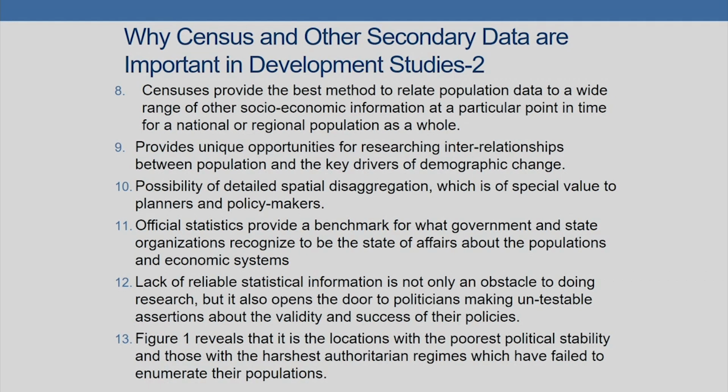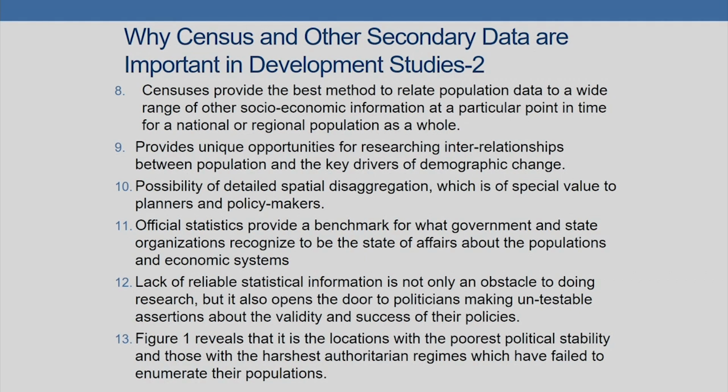If literacy rates over a period of time in a certain village have not shown any remarkable increase, then we can safely draw some conclusions with regard to schooling infrastructure in that locality, and whether the spread of schooling has increased over a period of time or not. This is just a very simple example of how to check untestable assertions about validity and success of policies.